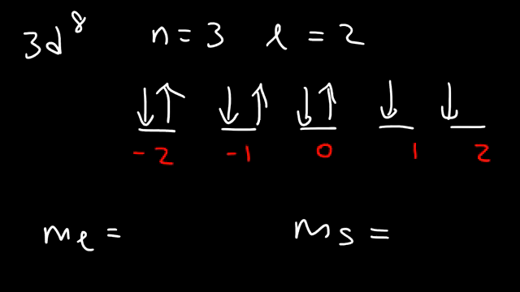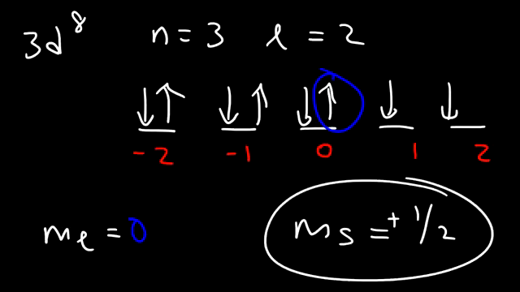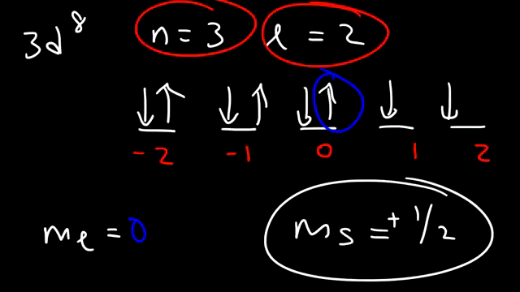In this case, the 8th electron is still in the same orbital, but this time it has an upward spin of +1/2. So this can vary. This can always be either plus or minus 1/2, depending on how you draw it. But these three numbers will be consistent. n is 3, l is 2, and ml is 0.